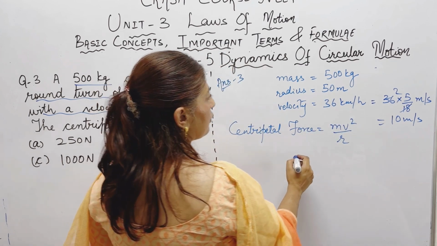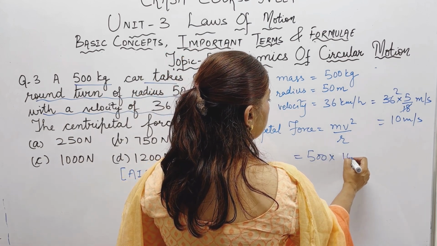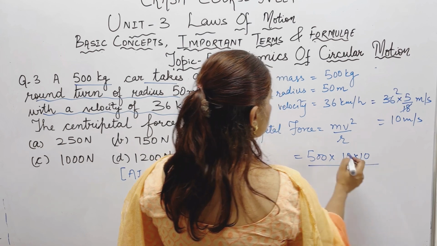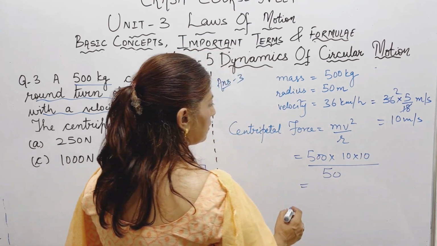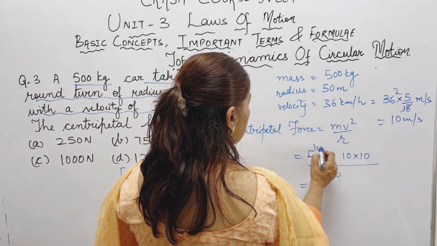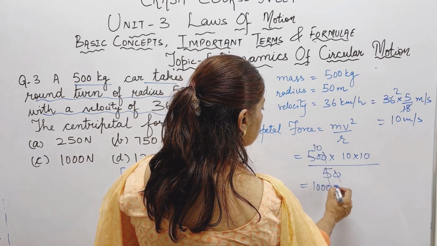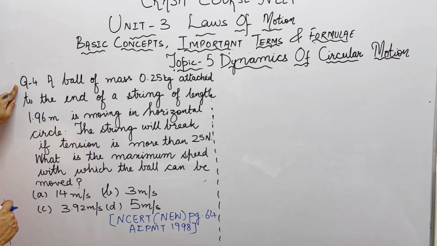Now we can put the values: 500 into 10 square, and radius is 50, and when we solve it, it comes out 1000 Newton. If we look at the options, it goes with option number C, and the answer for the third is option C.